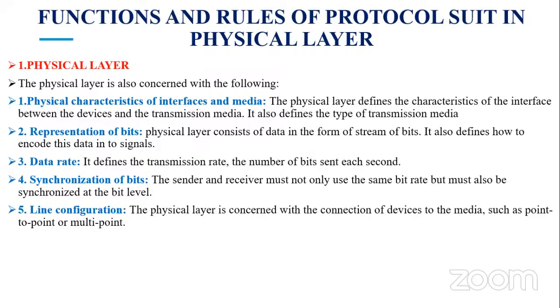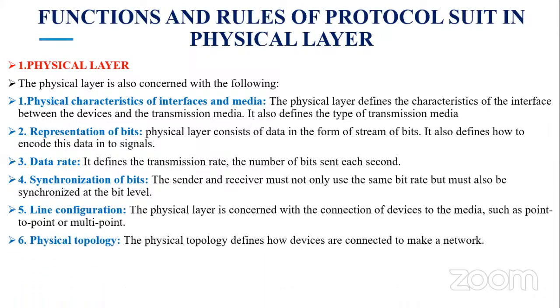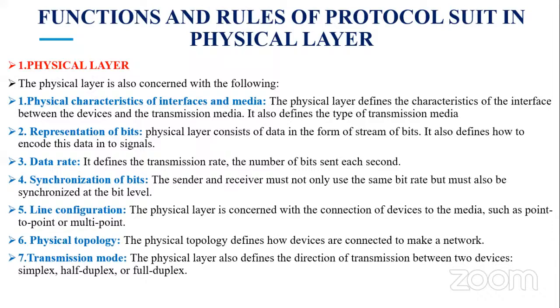It will take care of point-to-point and multi-point connections also. It will also define the topology of the network. And it also defines the direction of the transmission, whether it should be simplex, half duplex or full duplex. These are the points and the information we have discussed using that picture that you need to define.